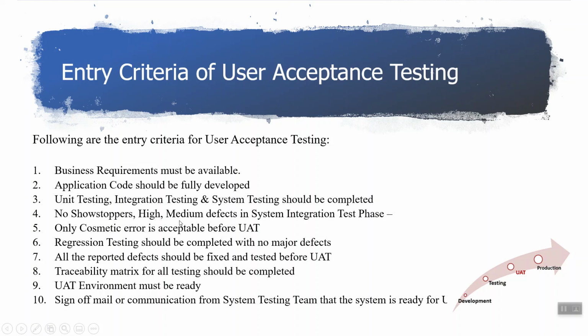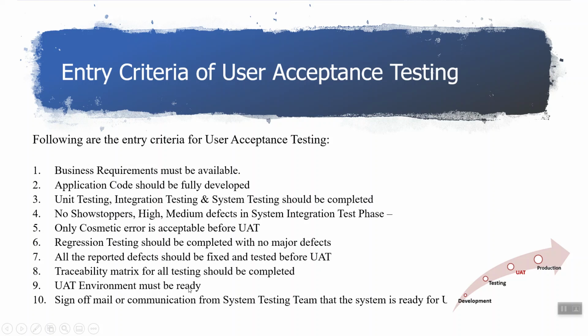There should be no showstopper, high, or medium defects in the system integration test phase. The next one is that only cosmetic errors are acceptable before UAT. Regression testing should be completed with no major defects. All the reported defects should be fixed and tested before user acceptance testing. Traceability matrix for all testing should be completed.